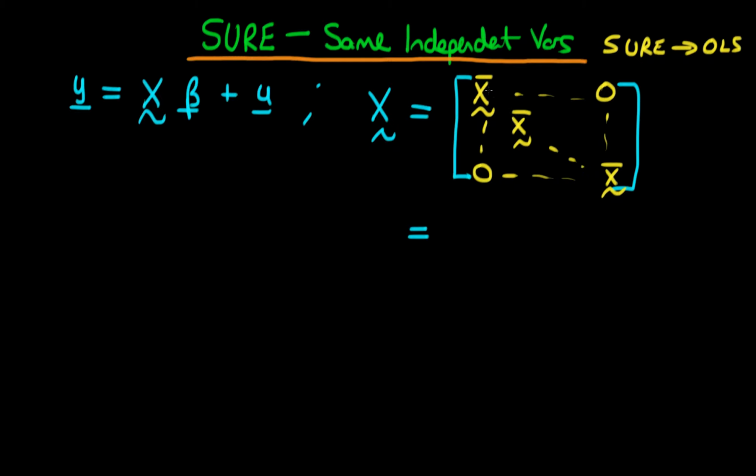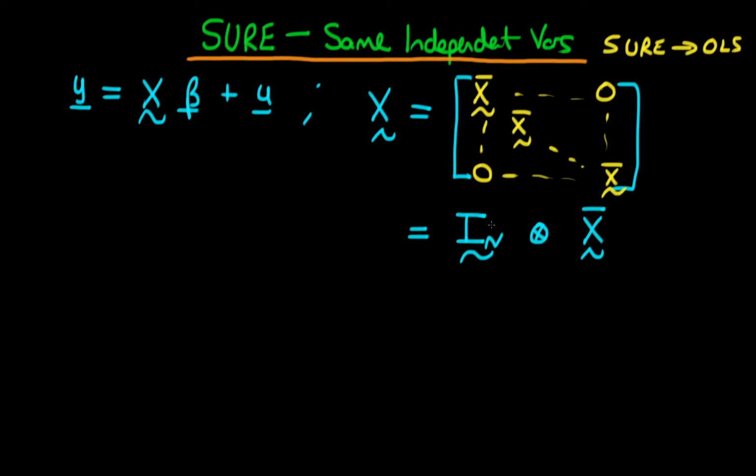Okay, so let's rewrite this matrix X. Because this matrix has these matrices along its diagonal, it's going to have n of these matrices, because we're talking about n individuals. So we can rewrite our matrix X as the Kronecker product of the identity matrix with dimensions n by n with the matrix x bar.